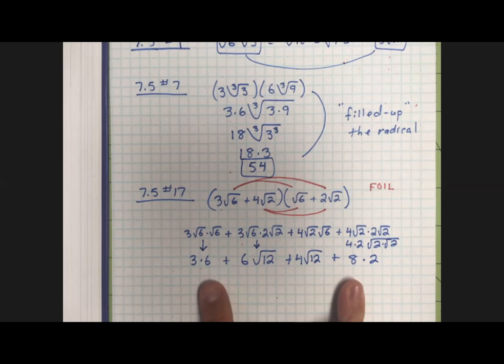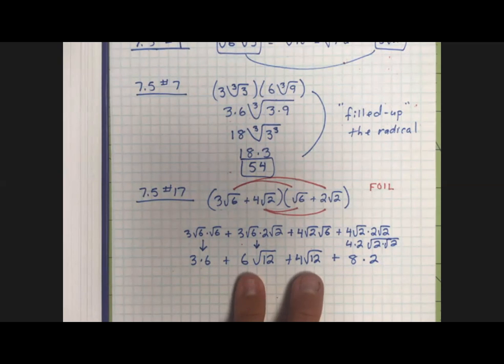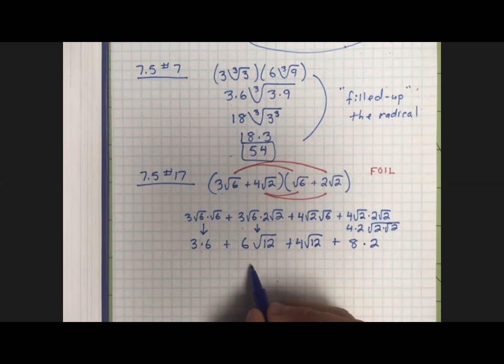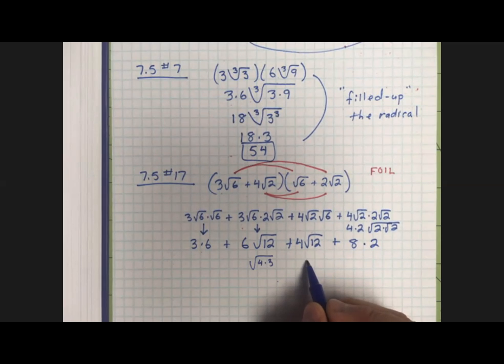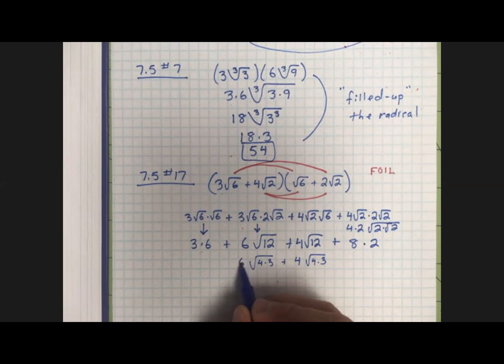Now, everybody's not looking the same, but I do have some common terms. I can improve the square root of 12, though, right? 12 is 4 times 3. So both of those can be simplified.